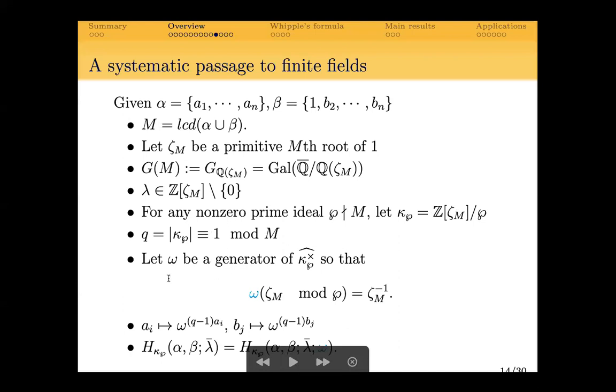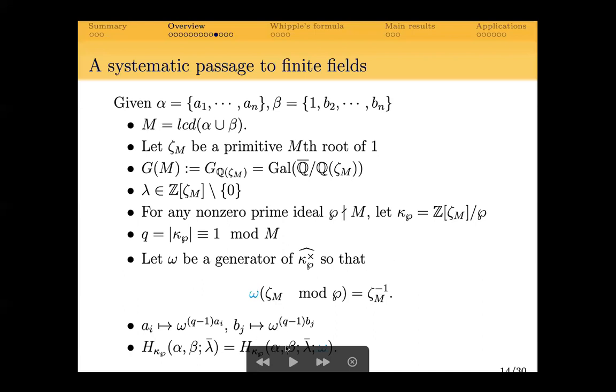And if I fix a generator omega of this residue field, so that when I apply this generator to the primitive root of unity modulo p, the value is going to be zeta_m to the -1 power, then there is a systematic way I can pass characters to the residue field, also the characters on the residue field.